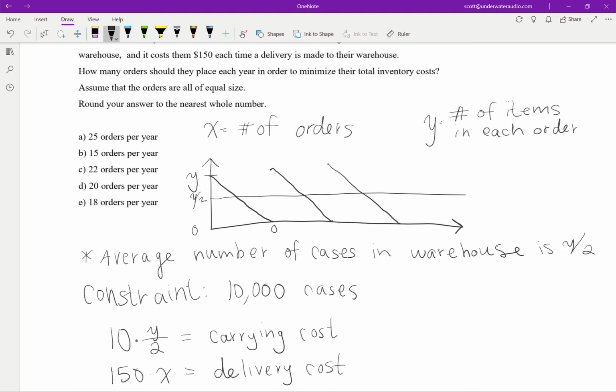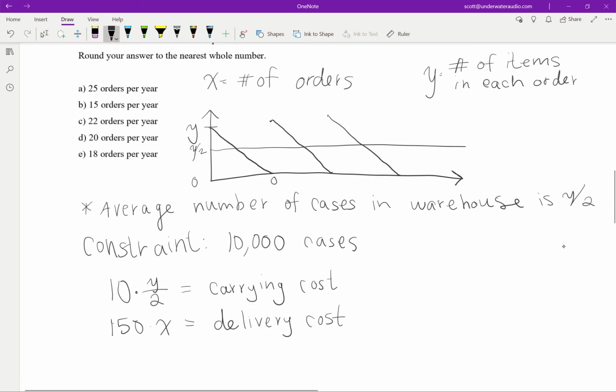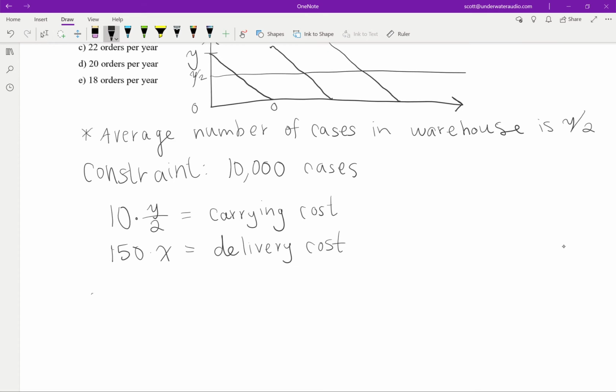How many orders should they place each year in order to minimize their total inventory costs? Okay, so I'm going to say that the inventory cost is going to be the carrying cost plus the delivery cost. So 10 times y/2 plus 150 times x.